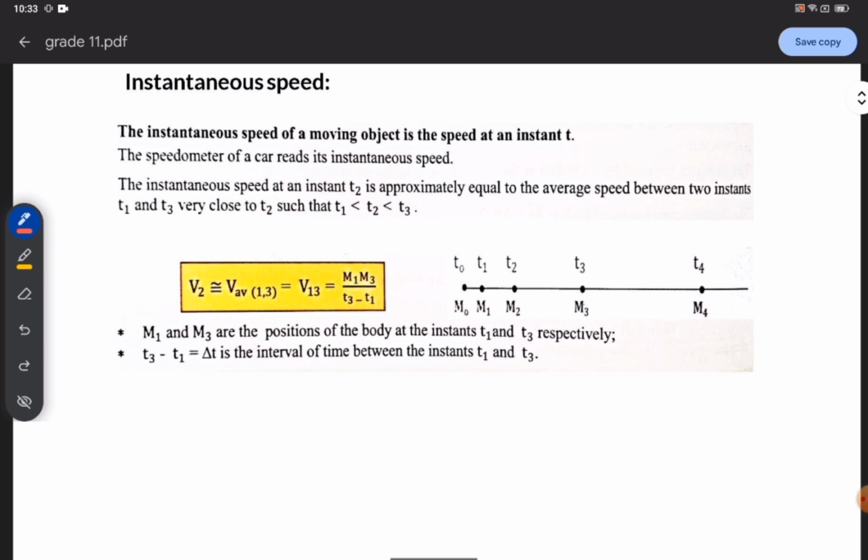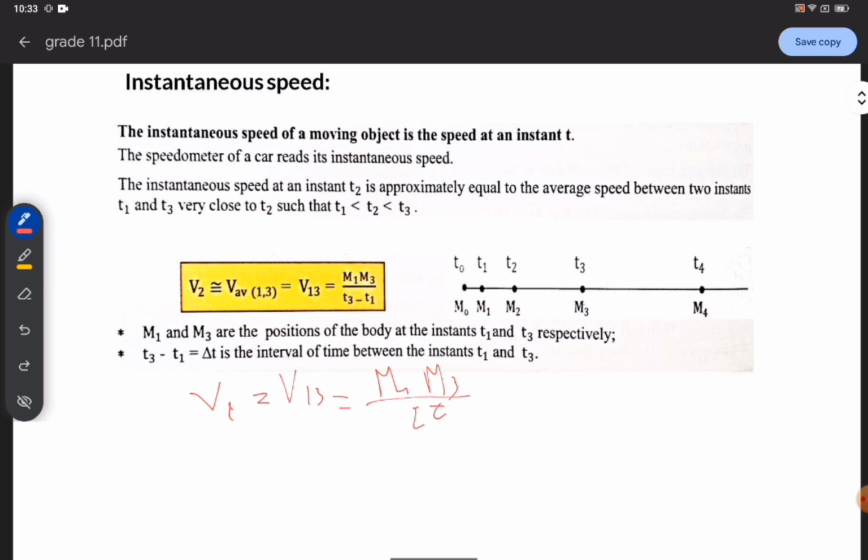So for example, v2 equals v13, since 2 is between 1 and 3. So v2 equals the average speed between 1 and 3, so equal M1M3 over 2 tau.